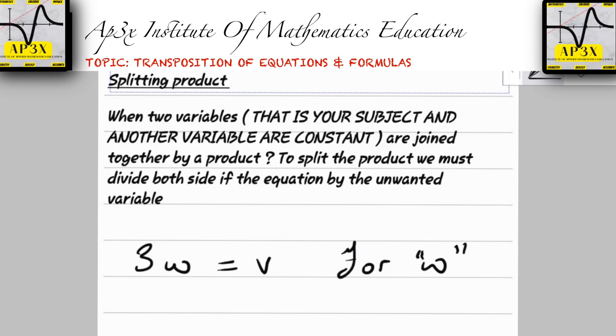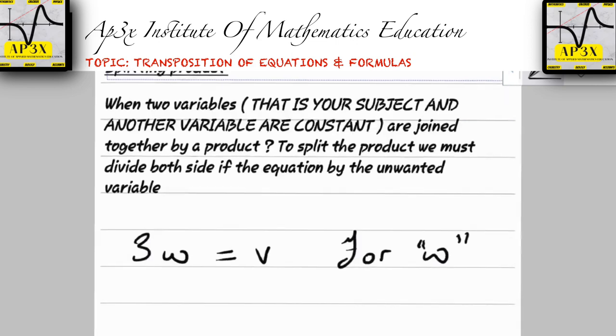What I mean by splitting the product is that when the subject you want and another variable or a constant are joined together by a multiplication sign, we have to split the product by dividing both sides of the equation by the variable or constant that you do not want connected to your intended subject.